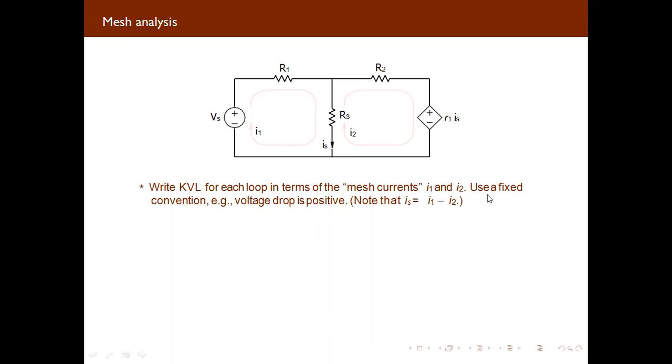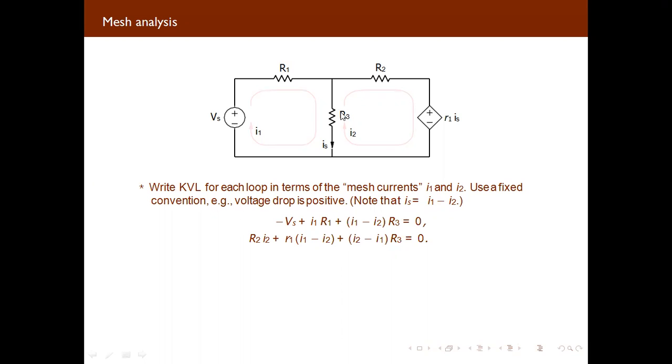If we fix our sign convention, we consider voltage rise as negative and voltage drop as positive. Applying KVL for loop 1, taking the clockwise direction as positive, the voltage is from negative to positive, so we take minus Vs, plus R1 into I1.